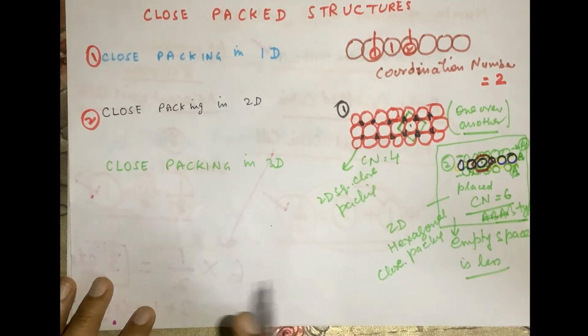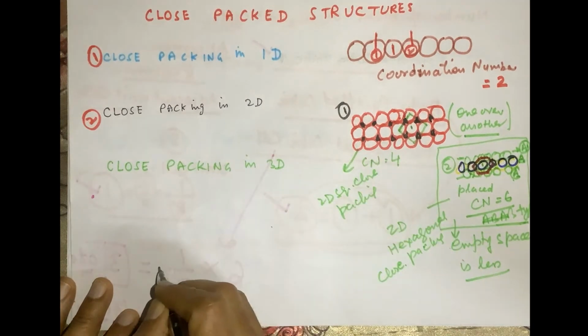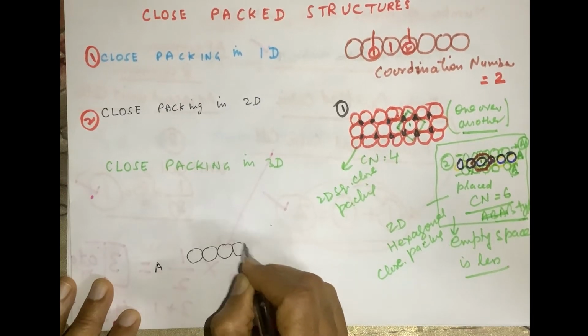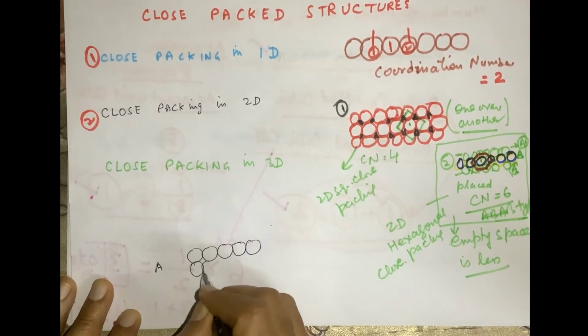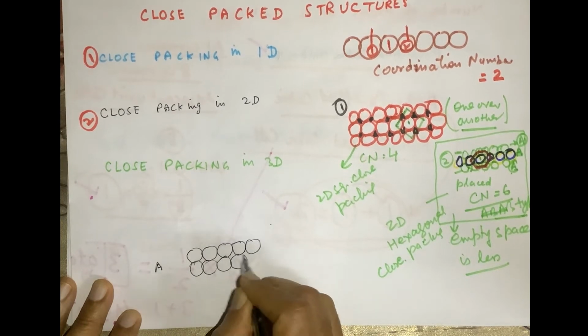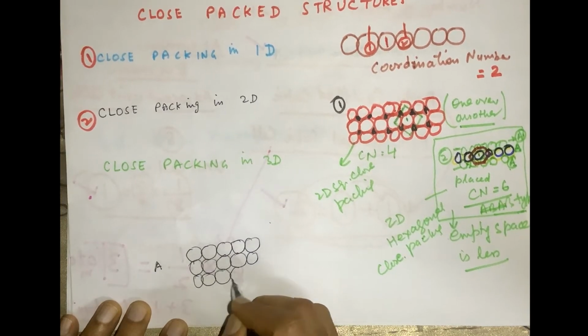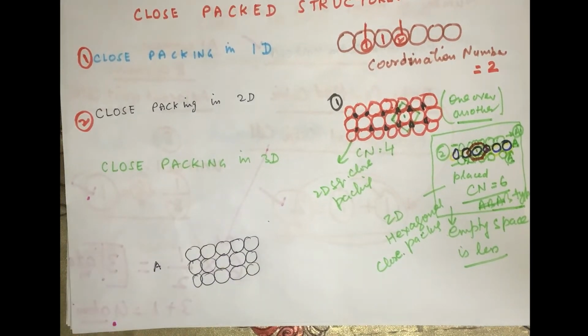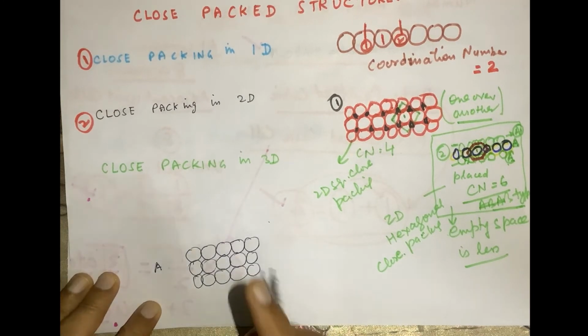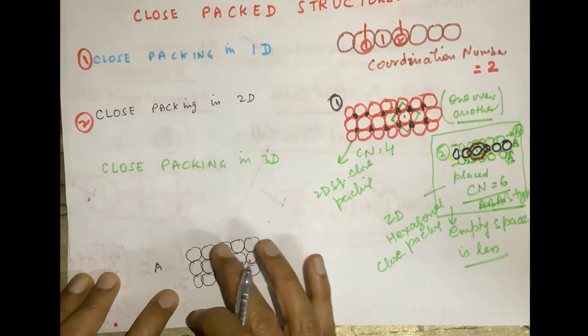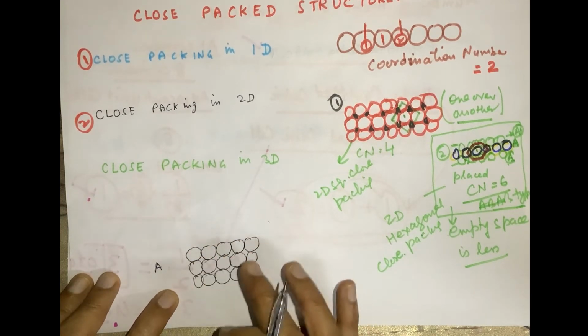Suppose this is layer A, and above this layer we place the second layer above these, aligning with these constituent particles.